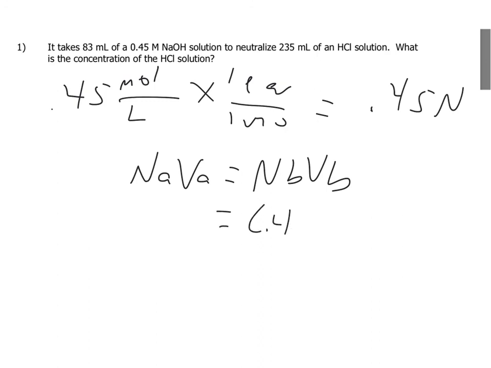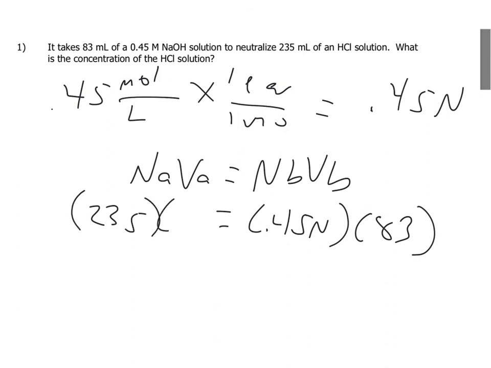We have 0.45 normality here. We have 83 milliliters. We have 235 milliliters of our acid. We do not know its strength. We're going to solve for x doing basic algebra. 0.45 times 83 divided by 235, I get 0.158, and that's normality for HCl.